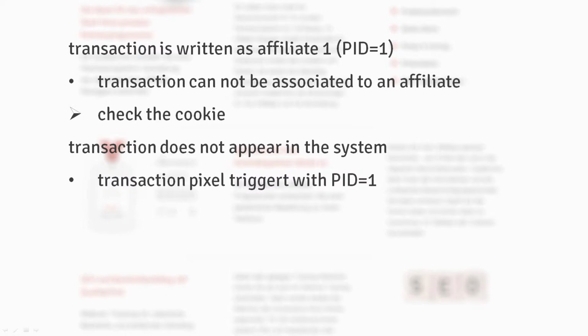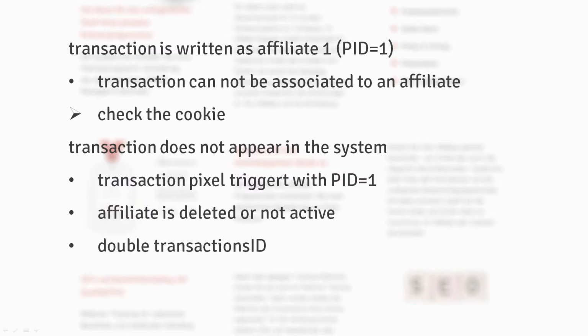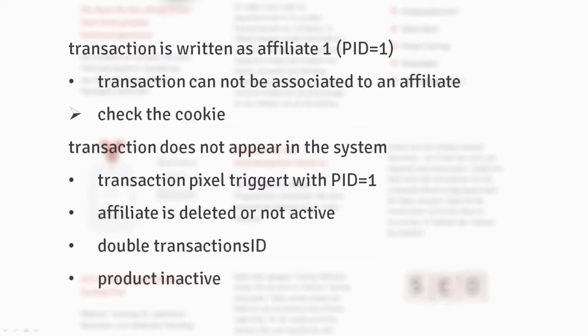So please test with PID 2, make your own account. Maybe the affiliate is deleted or not active for this campaign. Maybe you have a double transaction ID. You can turn off the double transaction ID filter in the campaign setting, but normally it's activated. Or maybe the product you sent us was inactive, another possibility. In all these cases, you need to check the transaction log, and we do it in some minutes.